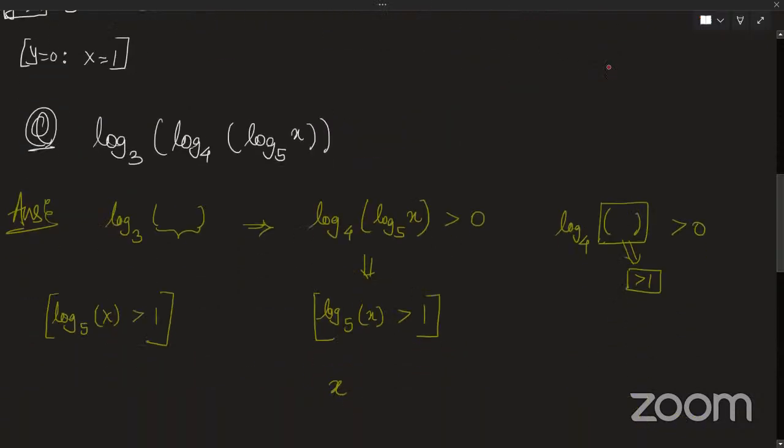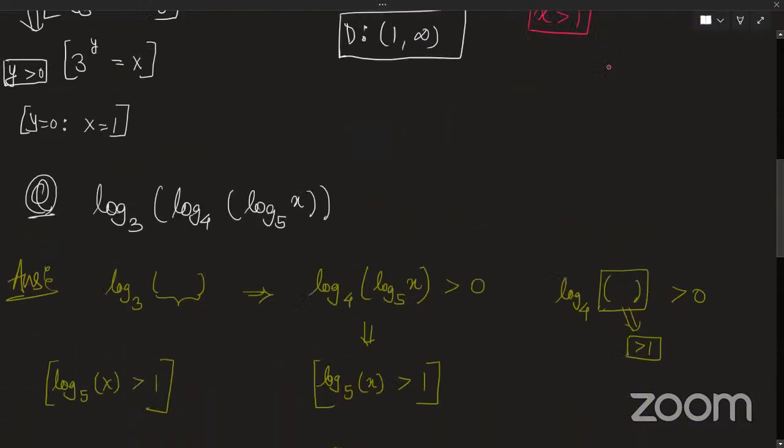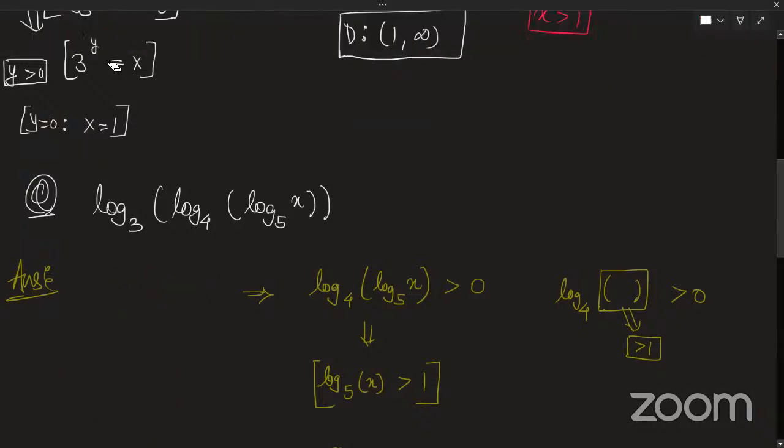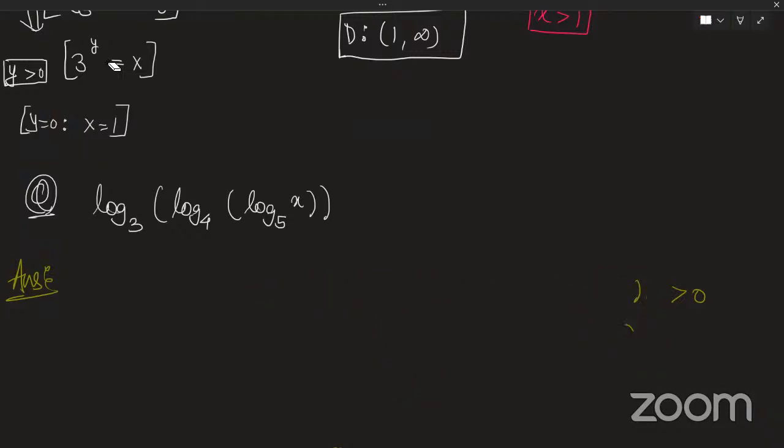Similarly, I moved one step further. I did one more nesting. So I will solve this problem in a detailed method, no need to worry.